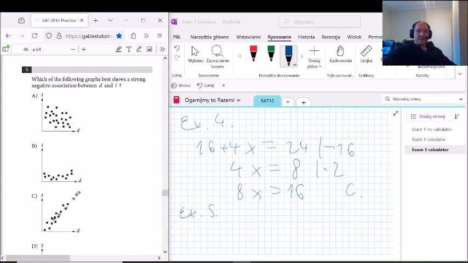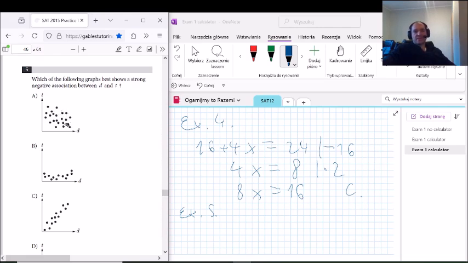In C we have strong positive association. In A, I would say that this is a situation when the variables are independent, which means that the value of one doesn't really matter for the other one. Maybe a little bit of negative association, because we can see that the highest levels of T are when D is small, but not very strong.